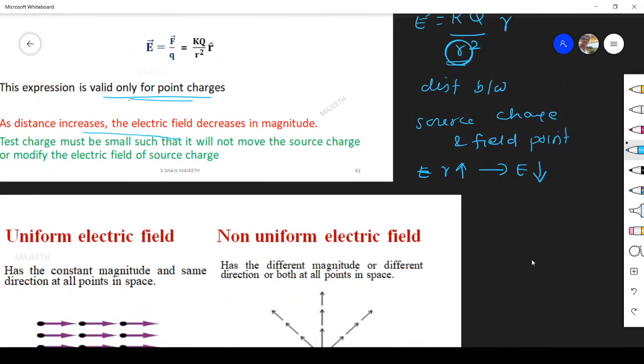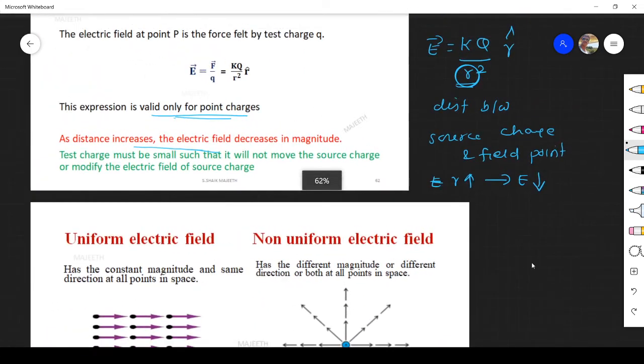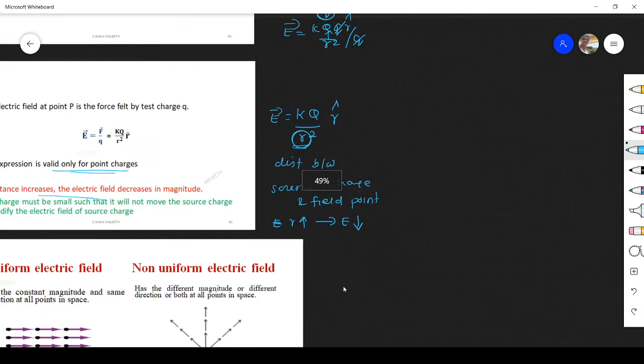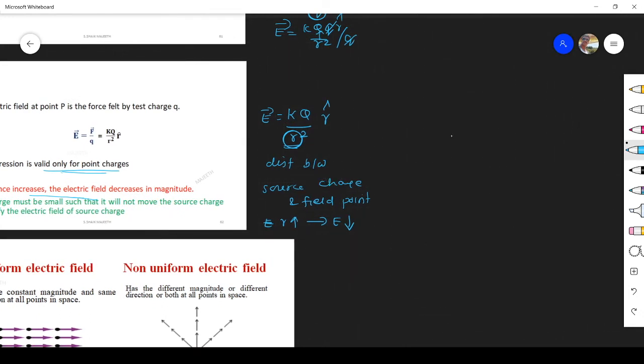Now we see, for example, suppose there is a point charge. I want to find the field here, here, and here. This distance is close, P1. At this point I want to find the field. Where will it be maximum?